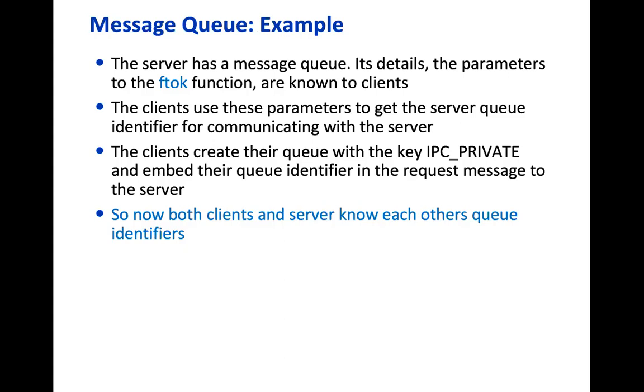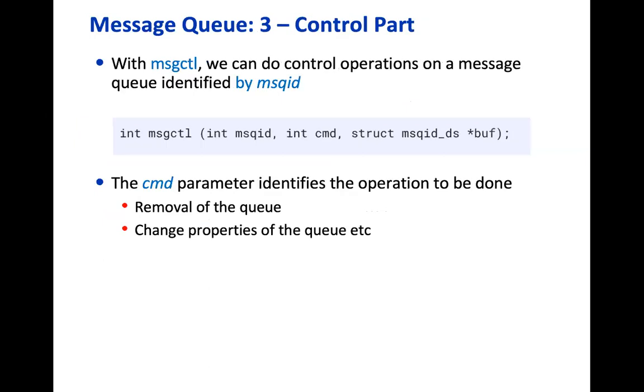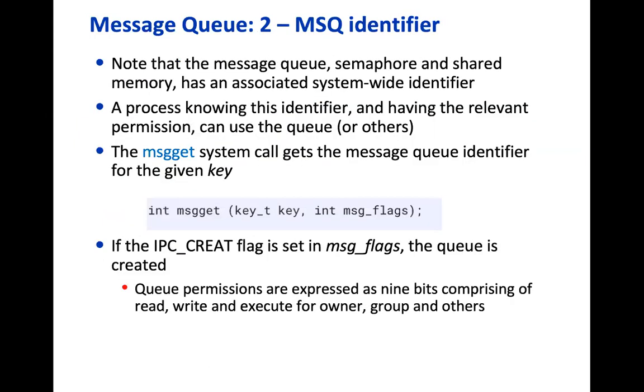So the client can also get the key, and the server also gets the key, and then the server can create the message queue, and the client also knows the key of the message queue using the function that we have discussed earlier, that is the message queue identifier, msgget function.